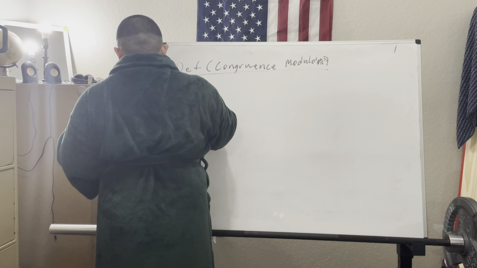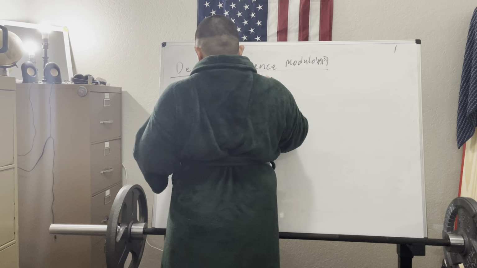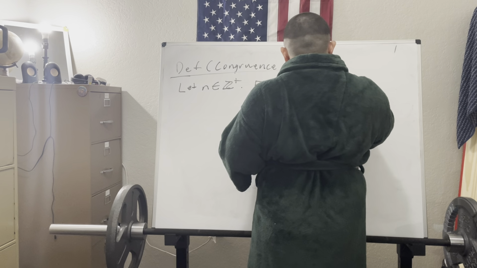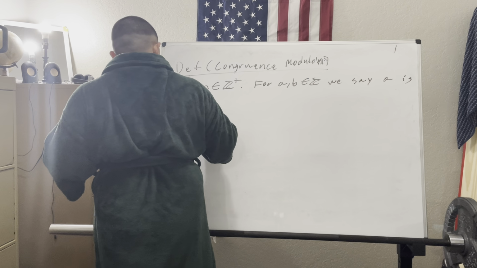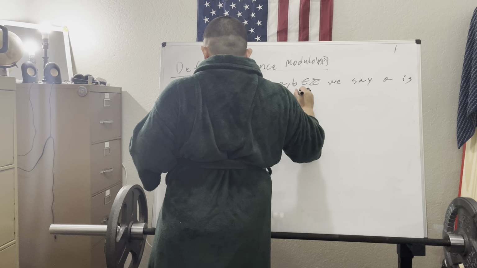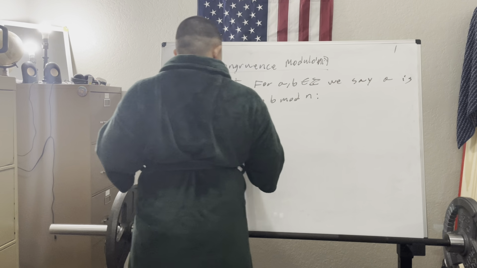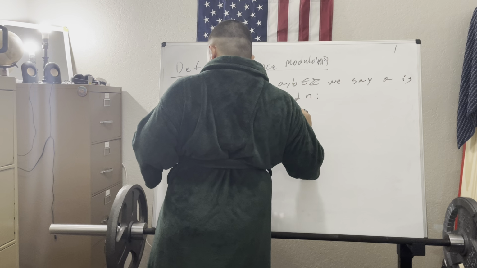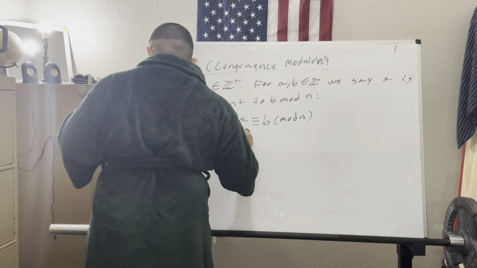If we let n be a positive integer, for a, b within the integers, we say a is congruent to b mod n, and this is written as these three lines, a congruent b mod n, if n divides a minus b.